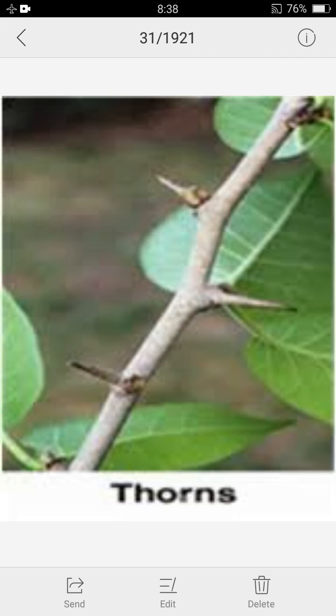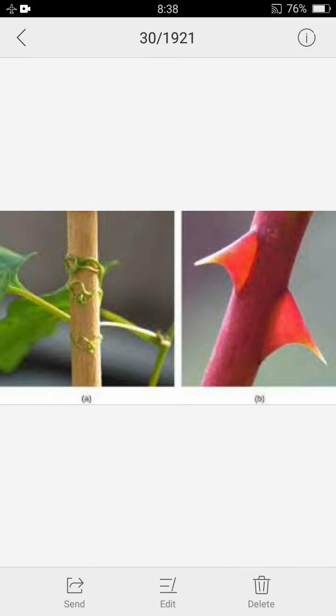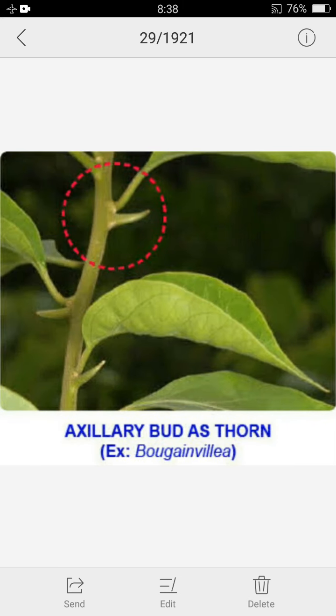Thorns are found in many plants such as citrus, bougainvillea, roses, etc. So, what is their function? They protect plants from browsing animals. You can see how the axillary bud developed into thorns in bougainvillea.